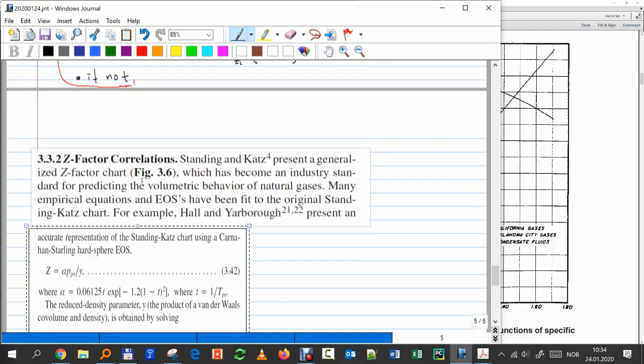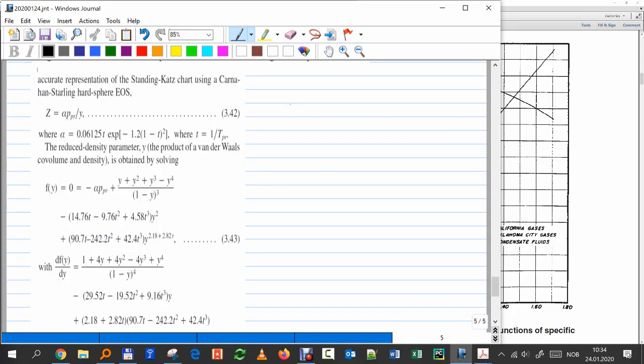That's what we are going to use: an equation approximation to the chart, which was made by Standing and Katz.